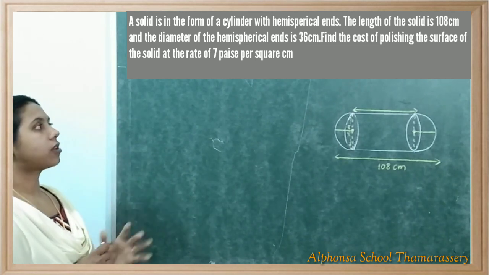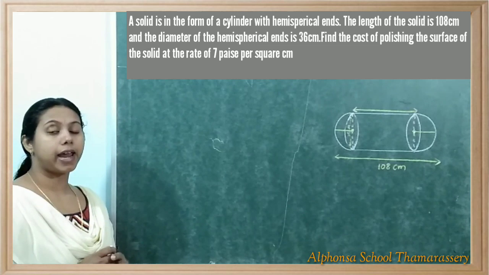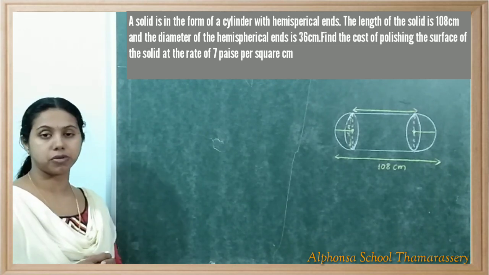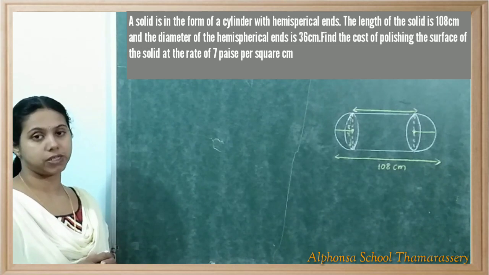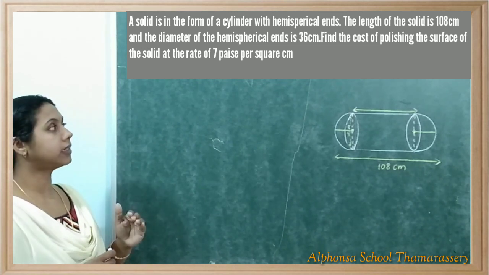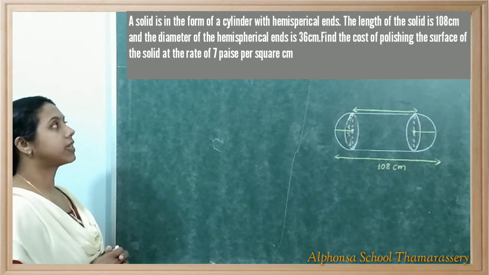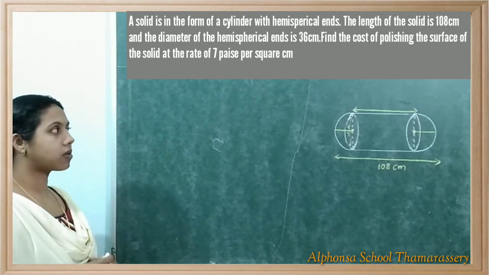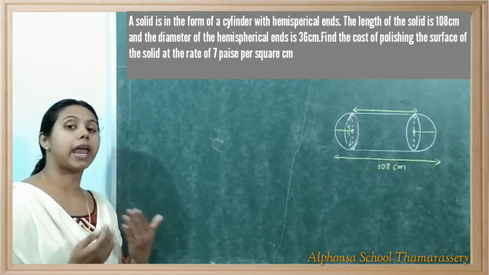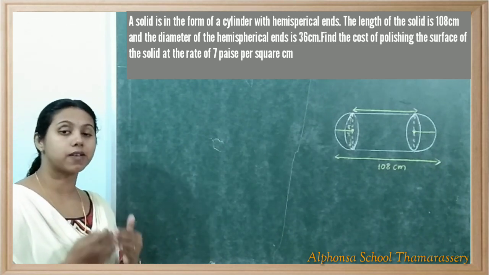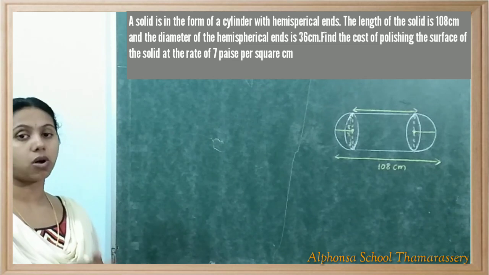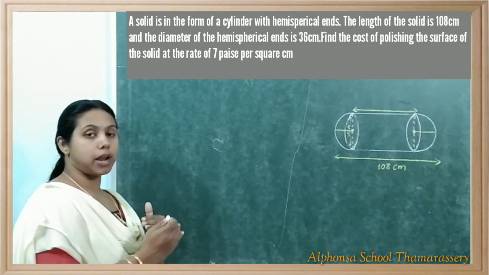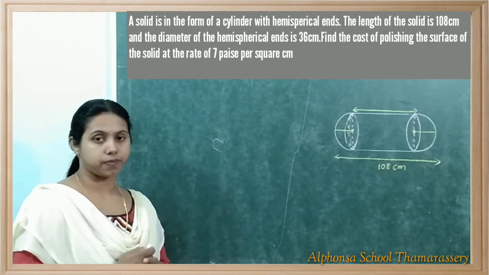We want to find the cost of polishing the surface of the solid. To get the total cost, first we want to know the total surface area of the solid. Then only we are able to find the cost.